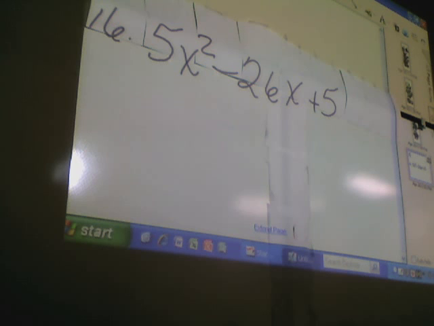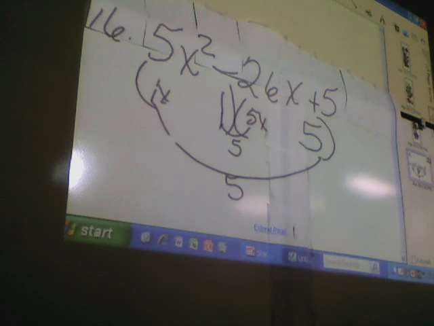Okay, we know that 5 can only be 1 times 5. So let's go ahead and put the 1 and the 5. Okay, if we put a 5x here and a 1x here, we're going to have a middle term of 5 and a last term of 5. Is that going to add to give us 26?